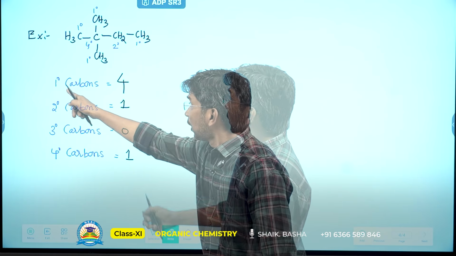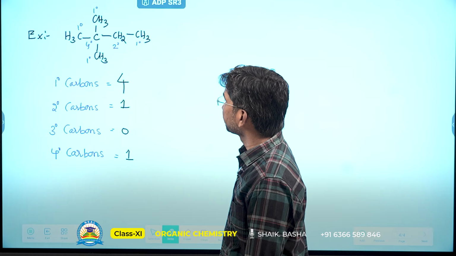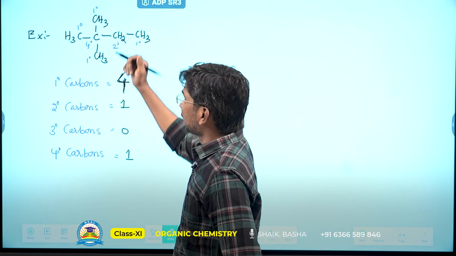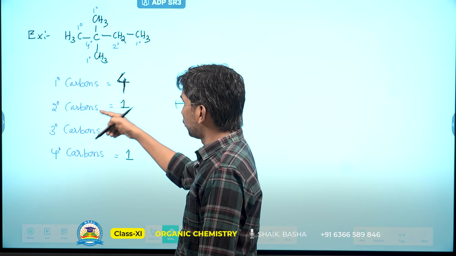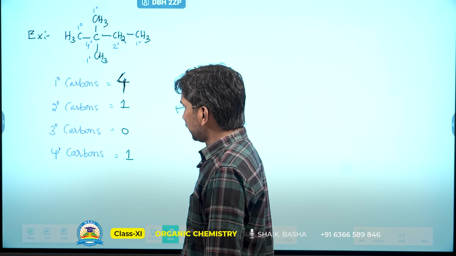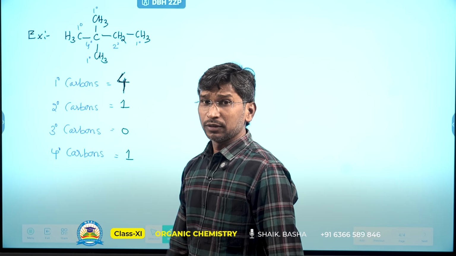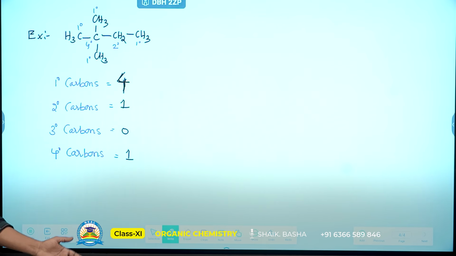But how many types of primary carbon atoms are possible? We can identify here, because here 4 primary carbon atoms are there. In the given example, primary carbon atoms are 4, secondary carbon atoms are 1, tertiary carbon atoms are 0. What about quaternary carbon atoms? Only 1. So this we understood. But other than this, how many questions are we able to frame?